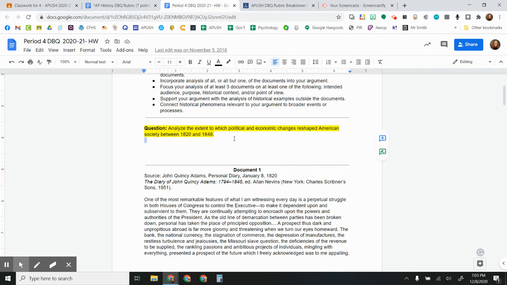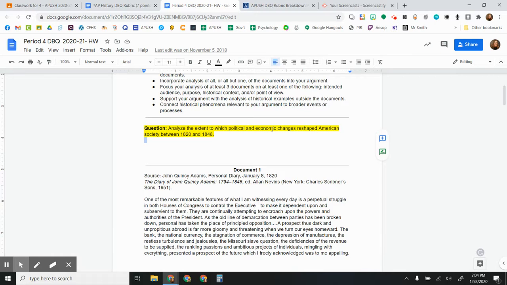How did they affect the people? So they don't want you just to talk about political changes. It's about how political changes shaped American society. How did it affect the people? How did economic changes affect the people? Okay, so that's deconstructing your prompt.